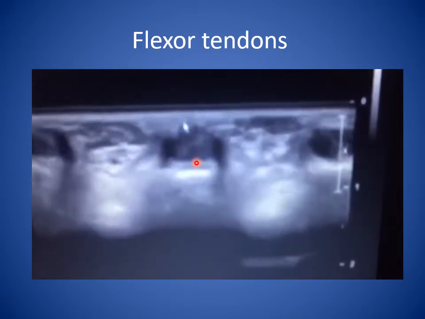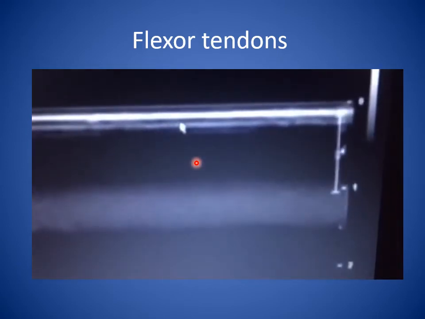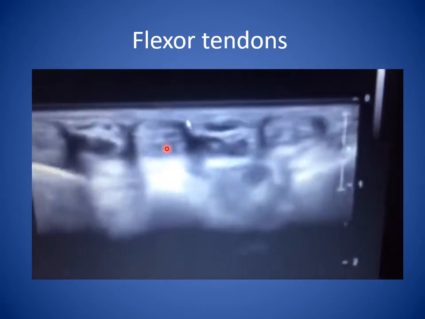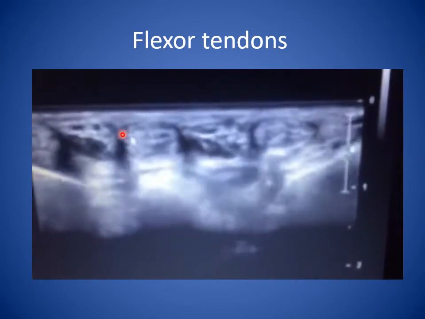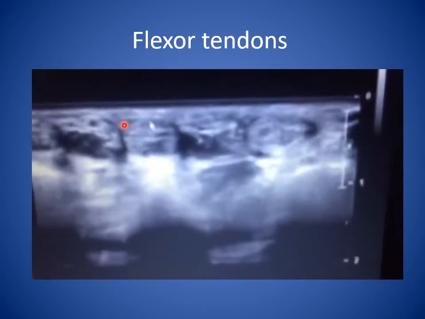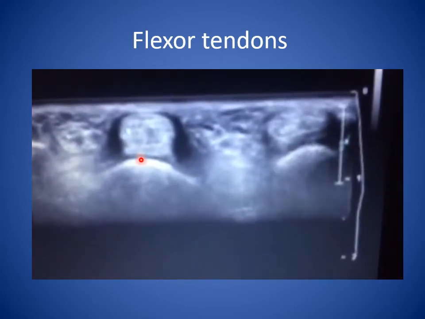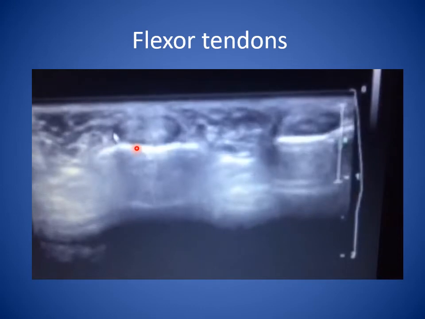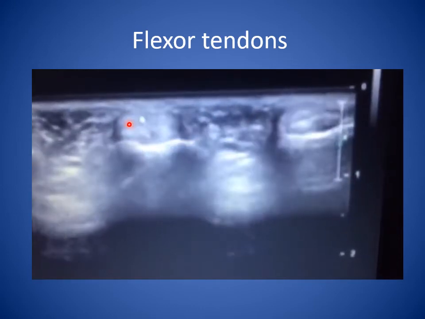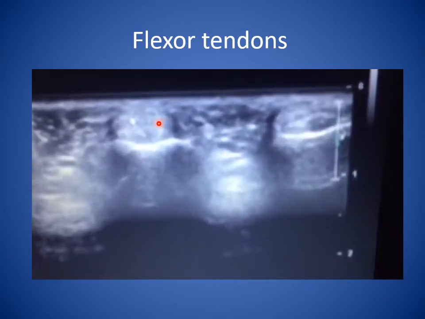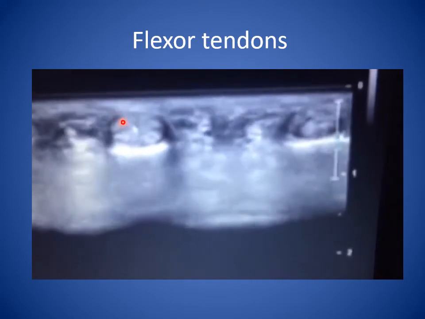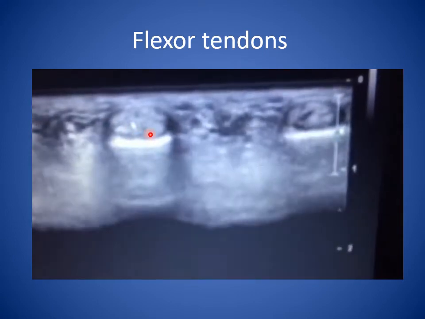Then we move the probe to TS. And this is the pulley in TS view. The flexor digitorum tendons: this is the site of the split of the superficialis tendon, and this is the flexor digitorum profundus.